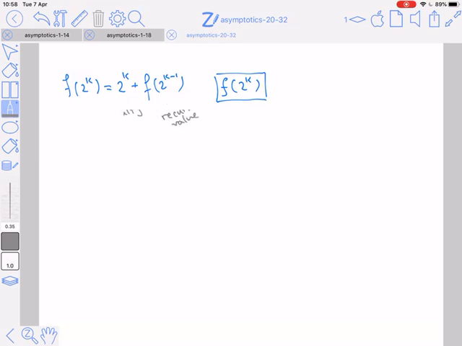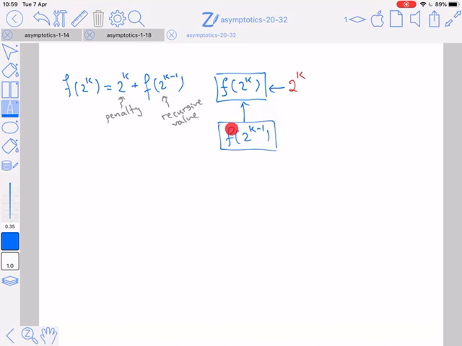So we can decompose f of 2 to the k into two parts, the penalty and the recursive value. So the penalty here is 2 to the k, and the recursive call is f of 2 to the k minus 1. Right? So we know, in fact, that f of 2 to the k is the sum of the penalty plus the value of the recursive call.